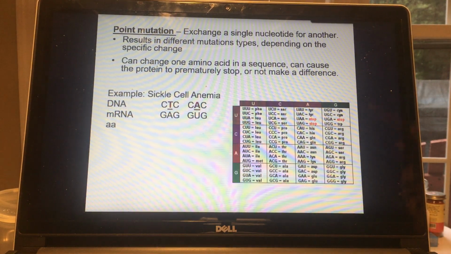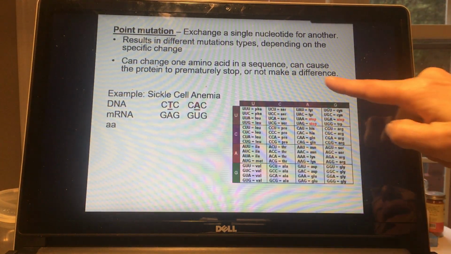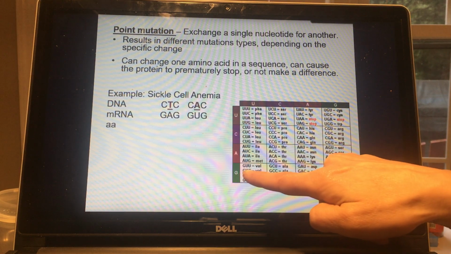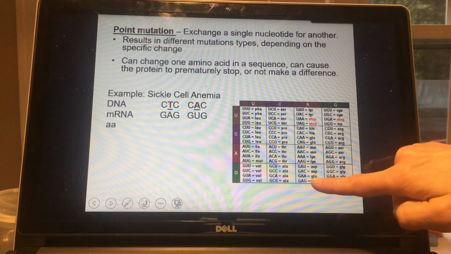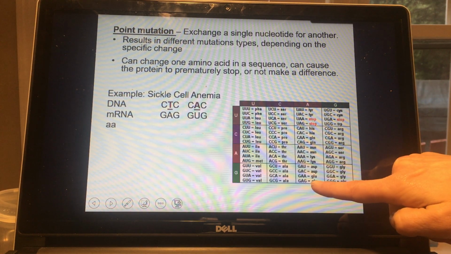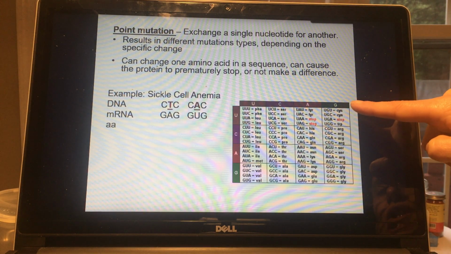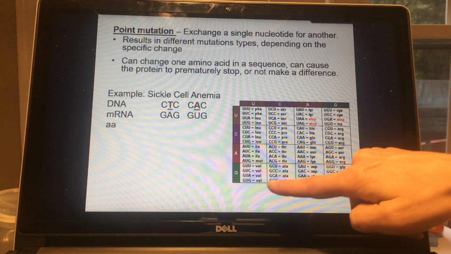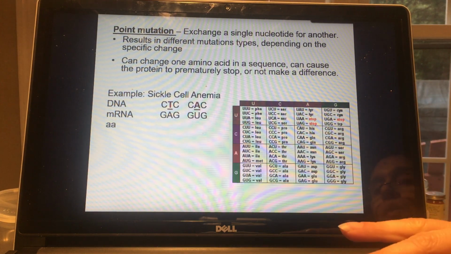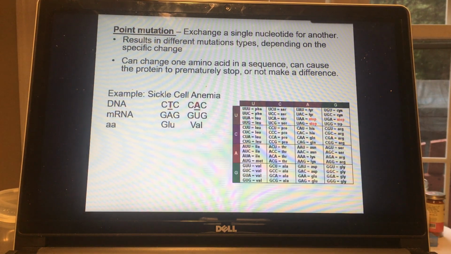So now, if you go over to our codon chart and you go to G, from GAG, you go from glutamic acid to GUG, so GUG would be valine. So there is one amino acid difference.